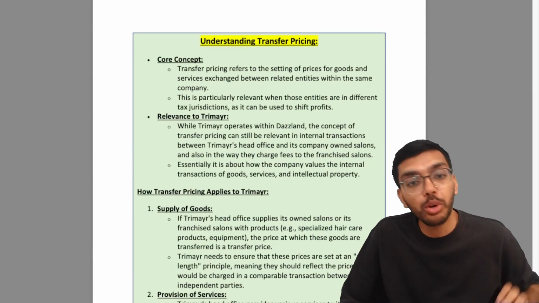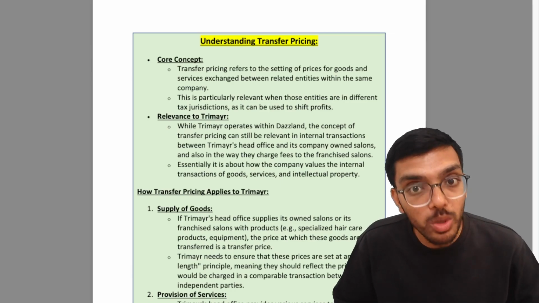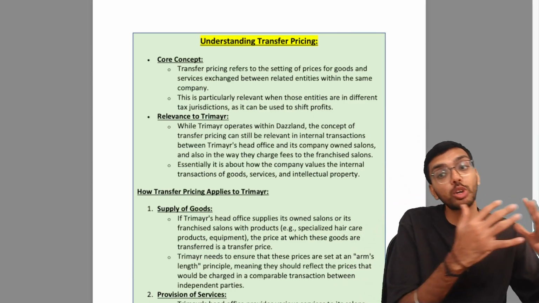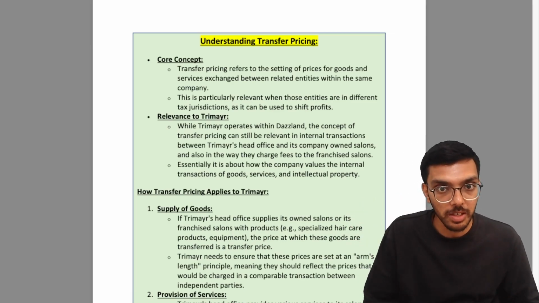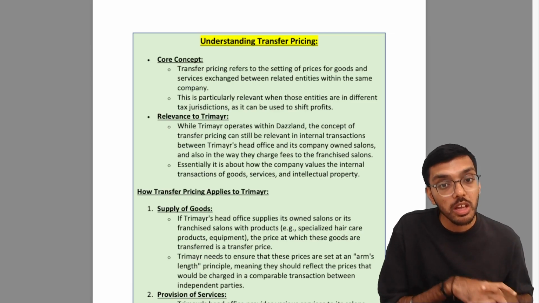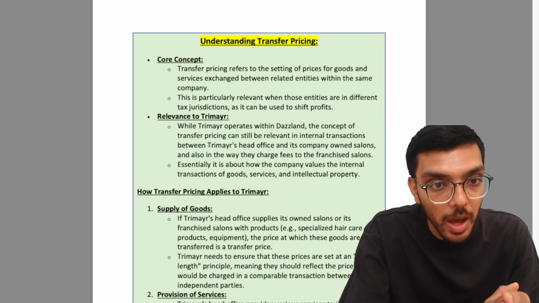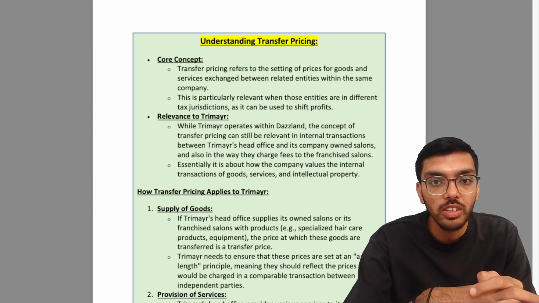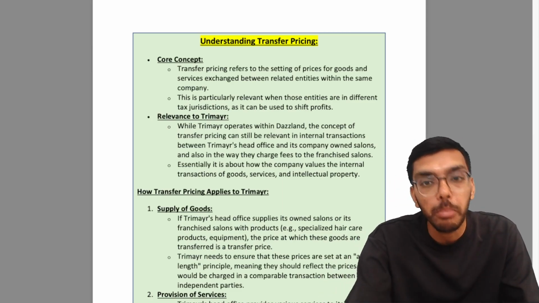Another box I have put up over here which I will go through with you is the transfer pricing aspect, because I have been speaking about transfer pricing continuously. Those who have revised P2 will already know this, but I'm going to apply it to Trimayr now. So transfer pricing is the setting of prices of goods and services between related companies.